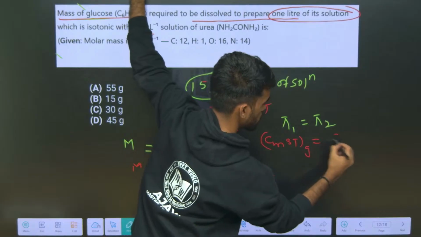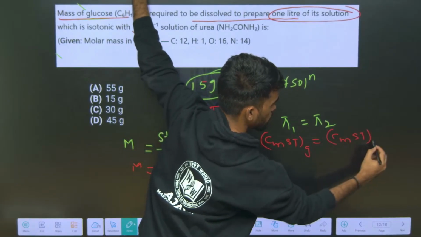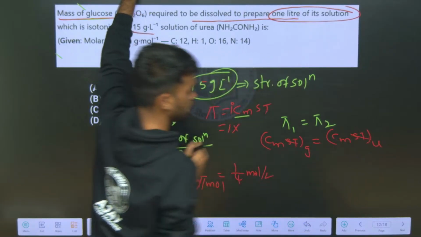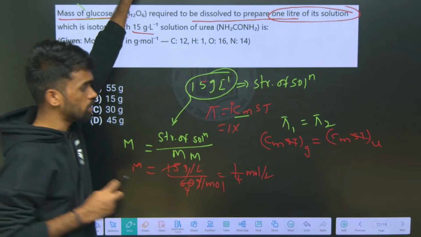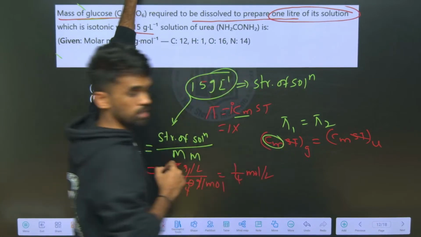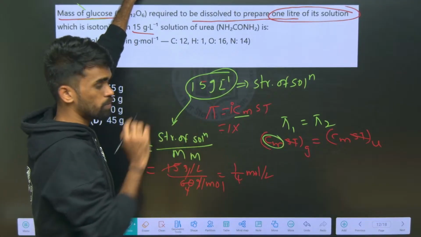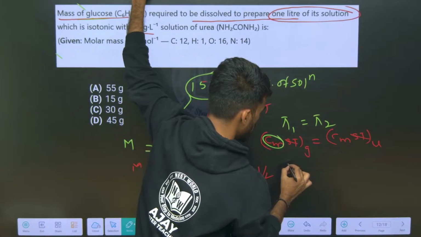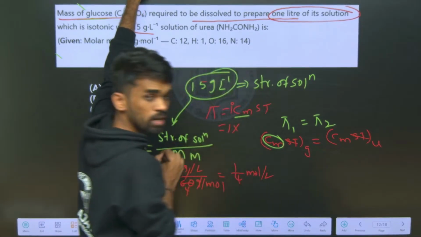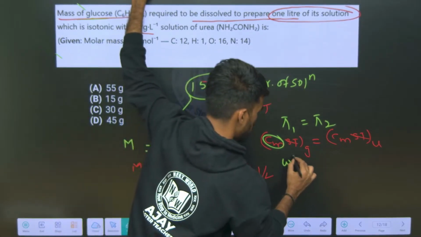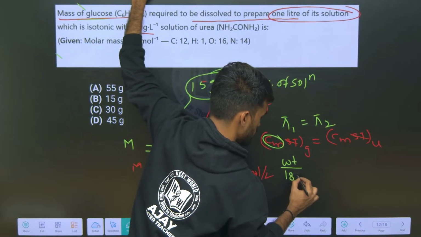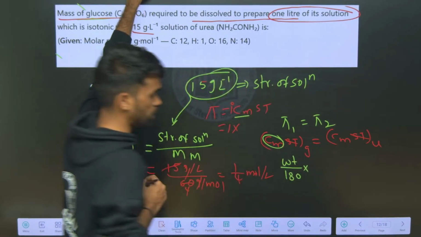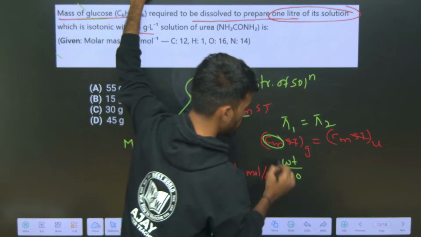The temperature and R value are the same, so remove those, and you have only molarity of glucose should be equal to molarity of urea. This is the condition I have to take. So now here I can write the number of moles of glucose. Instead of writing the weight of glucose, I am writing its molecular weight, 180. The volume will be the same.